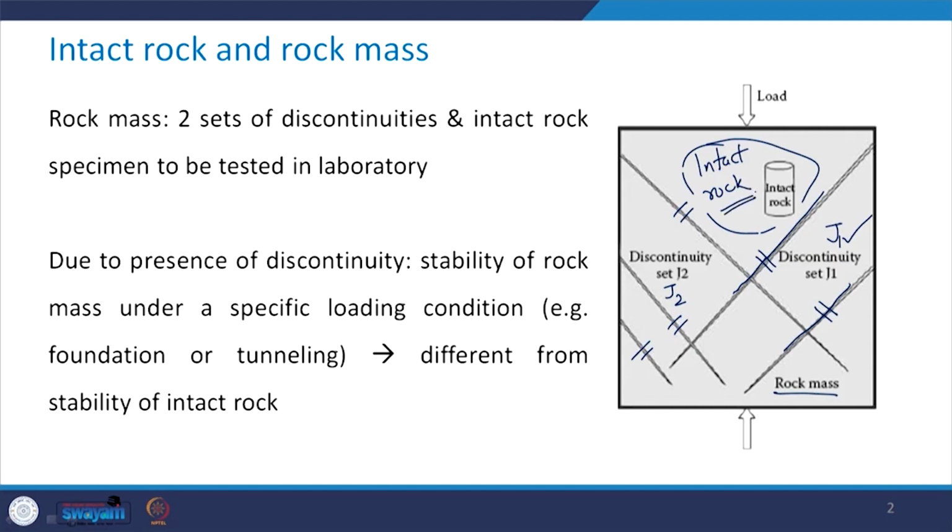Due to the presence of discontinuity, what happens to the stability of the rock mass under a specific type of loading? That loading can be because of the construction of a foundation or tunneling or any other type of structure that is going to come up. That is going to be different than the stability of the intact rock.